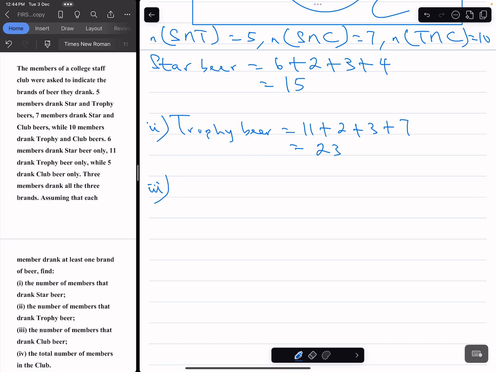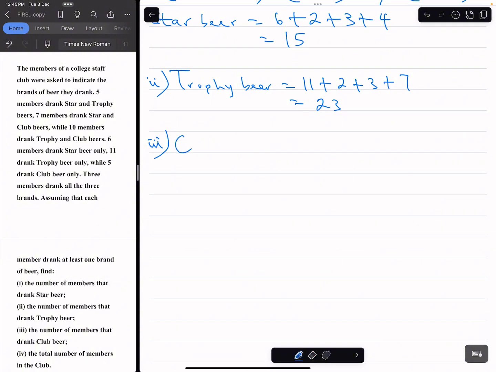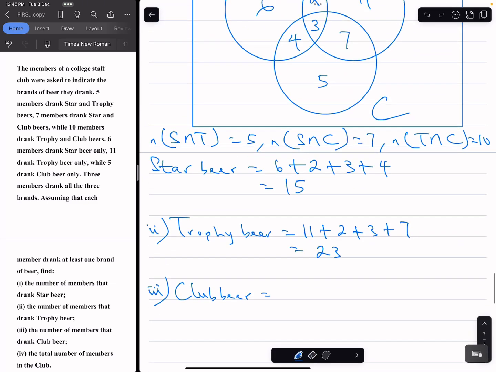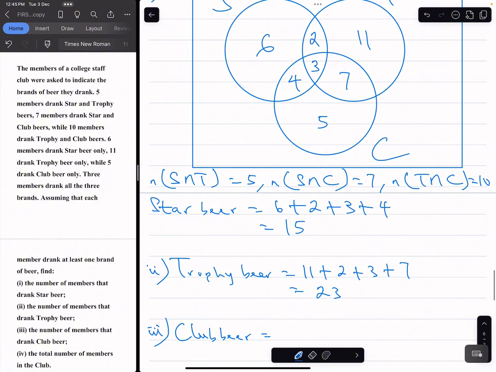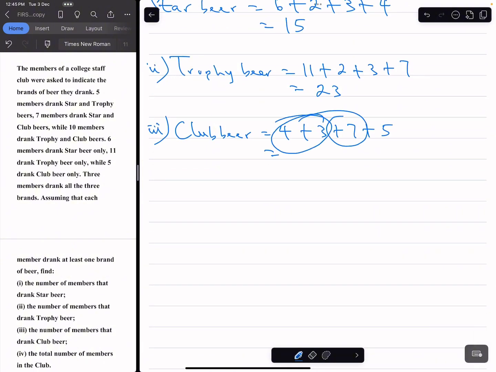The number of members that drank Club beer, that's the total number of elements in the set C. The number of members that drank Club beer is equal to 4 plus 3 plus 7 plus 5, and that's equal to 4 plus 3 is 7, plus 7 is 14, 14 plus 5, that's 19.